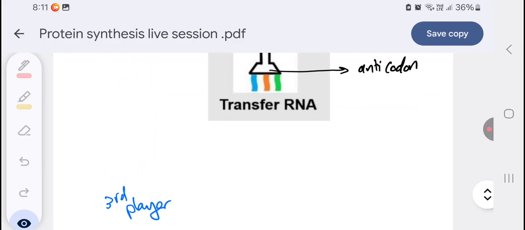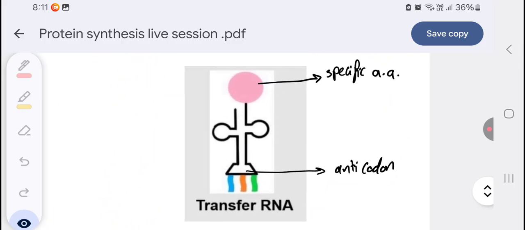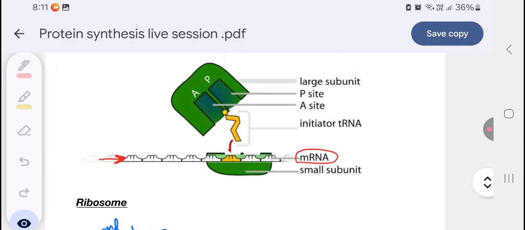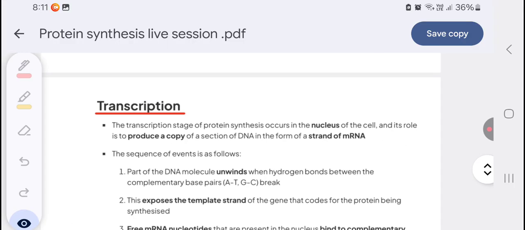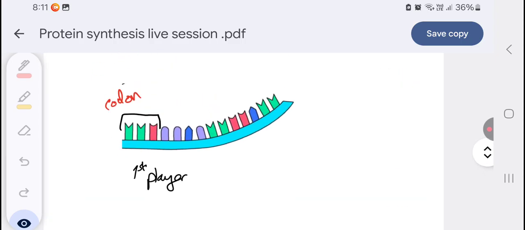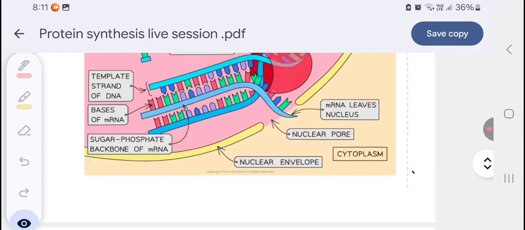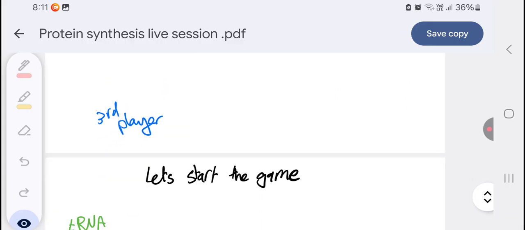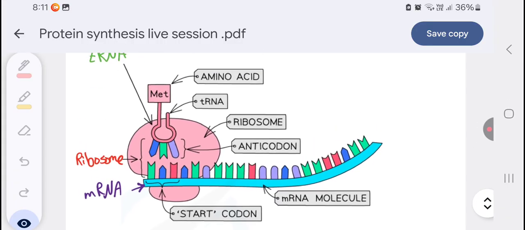Again, transfer RNA is the third player, ribosome is the second player, and the single-stranded messenger RNA is the first player. These three players will join together in the cytoplasm to start the game of protein synthesis.